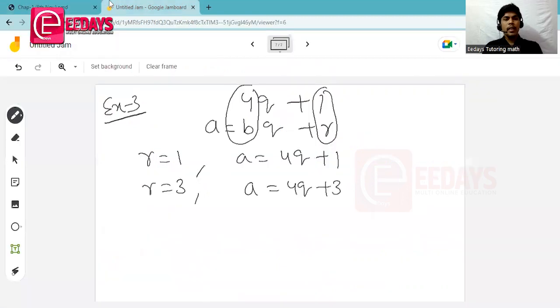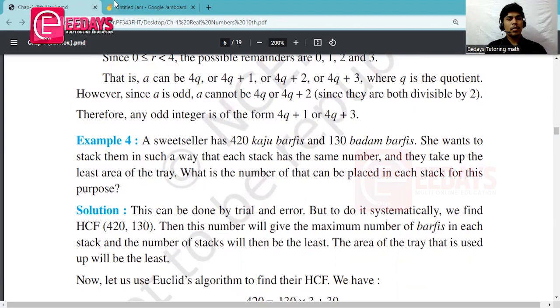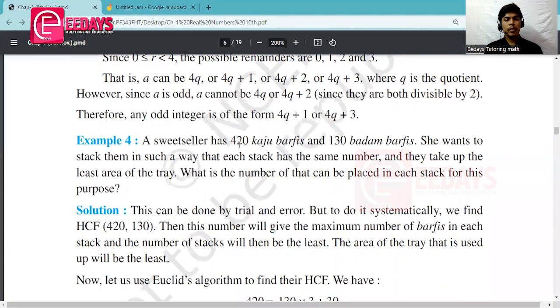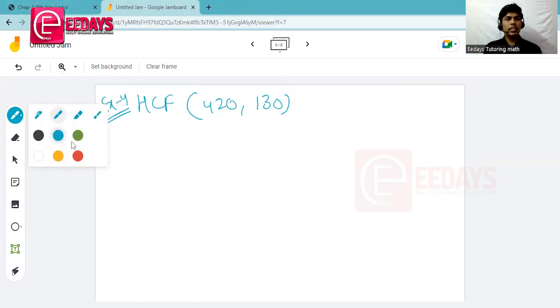We can solve it by taking the HCF of 420 and 130, the numbers of kaju burfis and badam burfis. So this is example 4. How to find HCF? I think we already learned it from the Euclid division lemma.